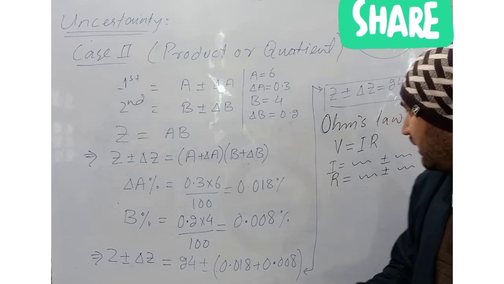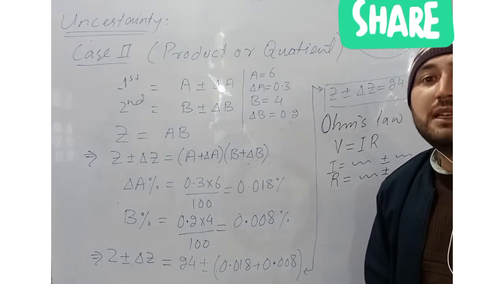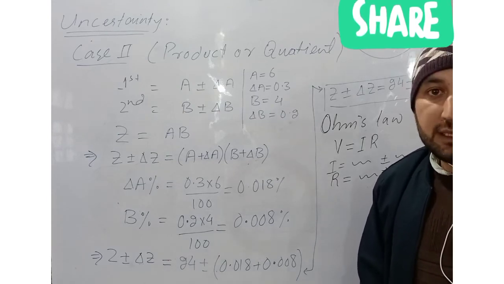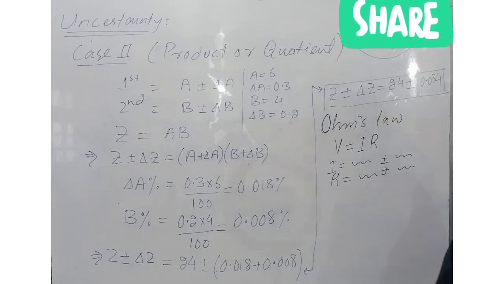You can find many other such examples where two physical quantities are in product and related to another physical quantity, like Newton's second law, F is equal to ma, or momentum, and many others.